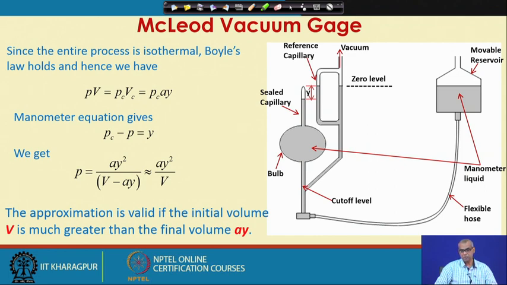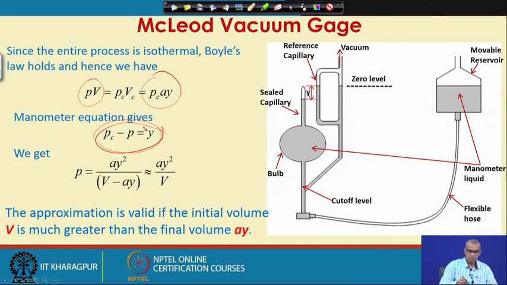So, PV equal to Pc into Vc, Vc we know as A into Y, and from the manometer equation we can write the head as Y, Pc minus P equal to Y.